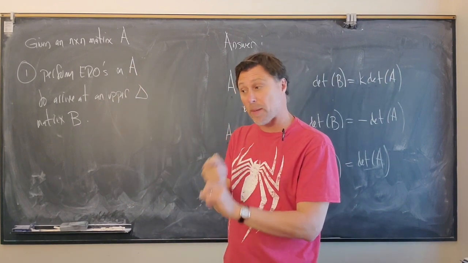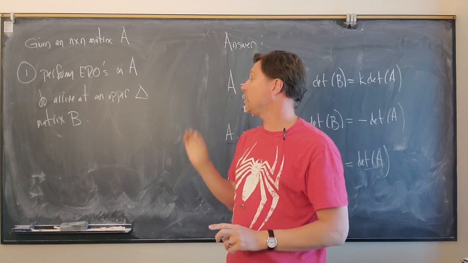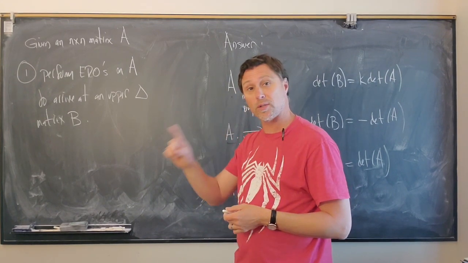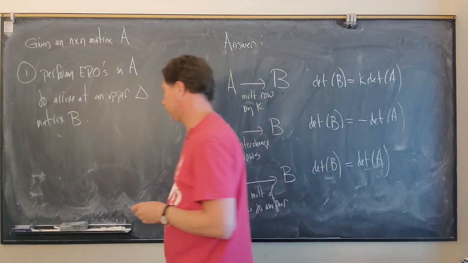What we need to remember is that computing the determinant of an upper triangular matrix is easy. All we have to do is multiply along the diagonal.